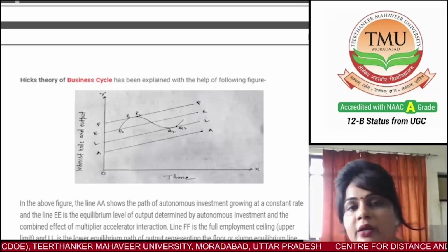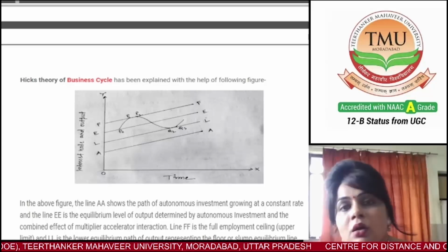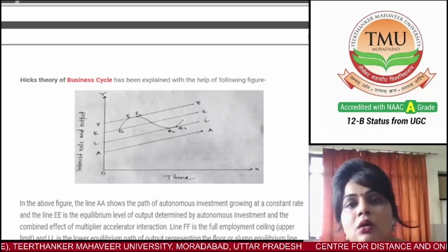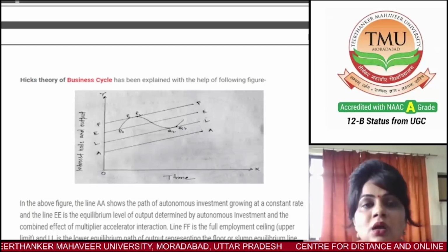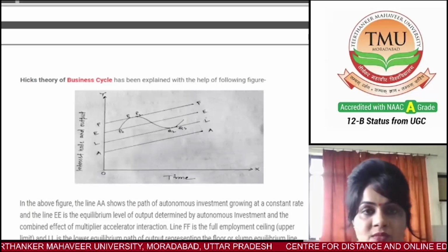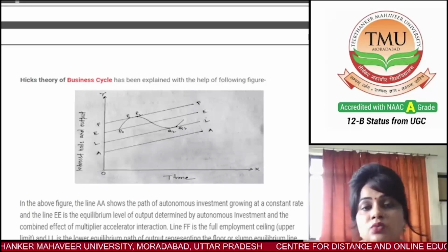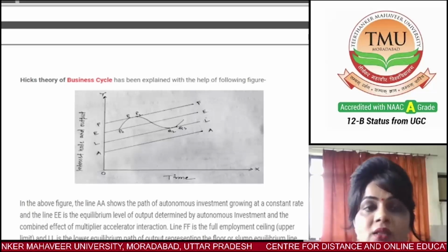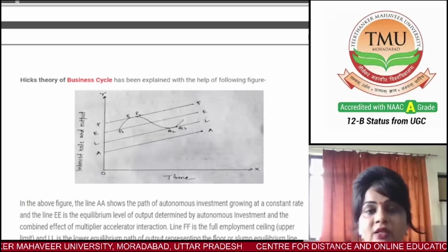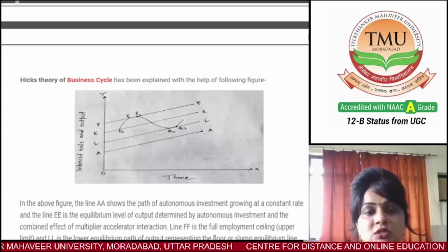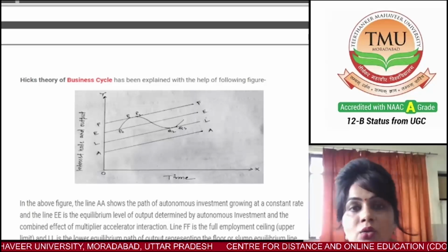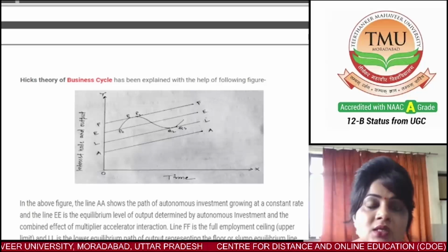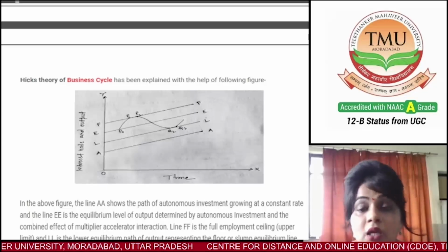At this point the floor Q2 has been reached, whereas the upswing was limited by the output ceiling set by the full employment of available resources. So these are the conditions, and after this the economy also goes into recovery.